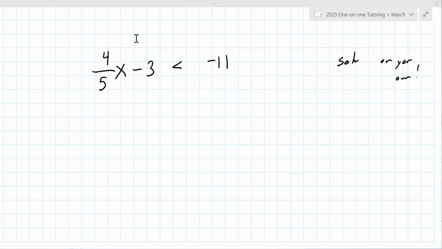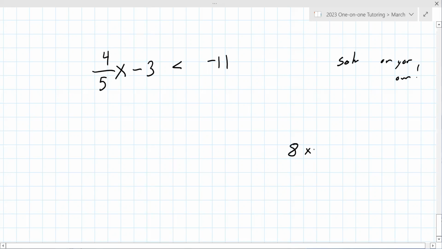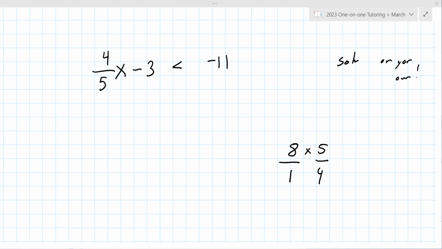How would you do 8 times 5/4? What if you put a 1 on the bottom? Does that help maybe answer that? Oh yeah. Okay, good. Keep going. 40/4. Okay. So x is less than 4. No, x is less than 10.